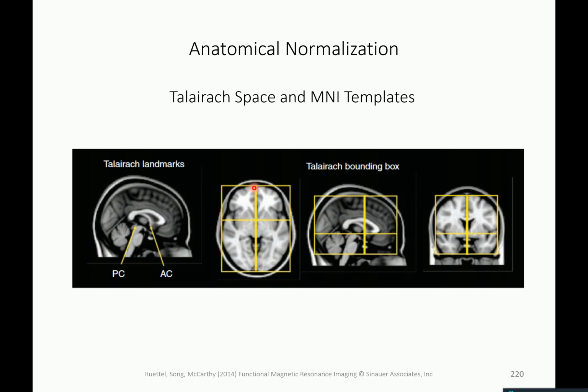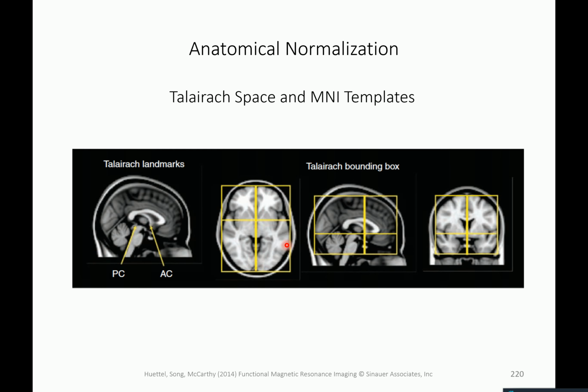Its midline axis is defined by the interhemispheric cleft. So essentially you can think of putting just a rectangular box or cuboid, or whatever you want to call it, around the brain.